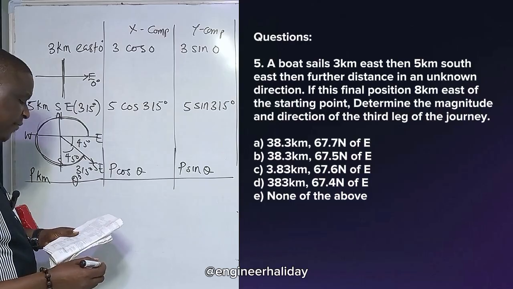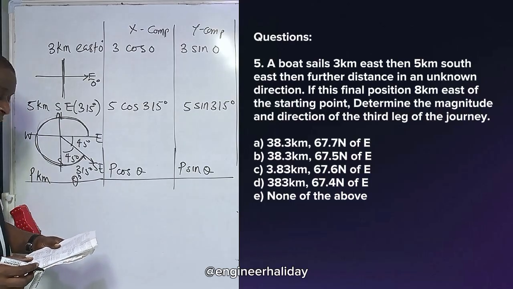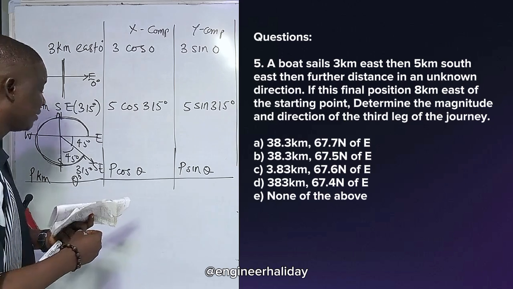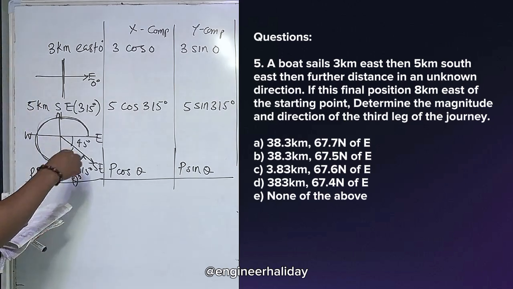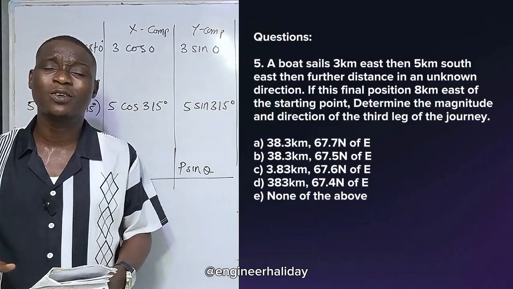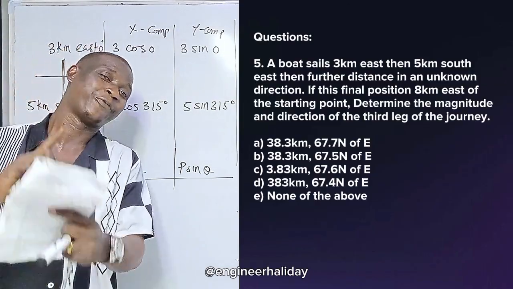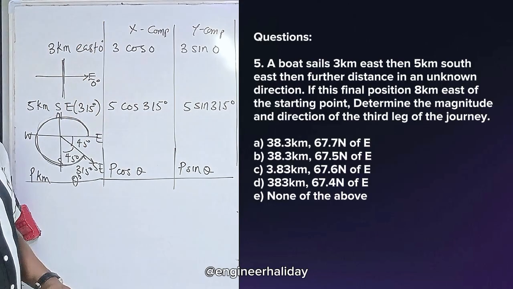What is the resultant given to us in this question? They said the final position is 8 kilometers east of the starting point. Anytime you are referring to a final position, you are referring to a vector from the starting point. You are talking about the resultant.